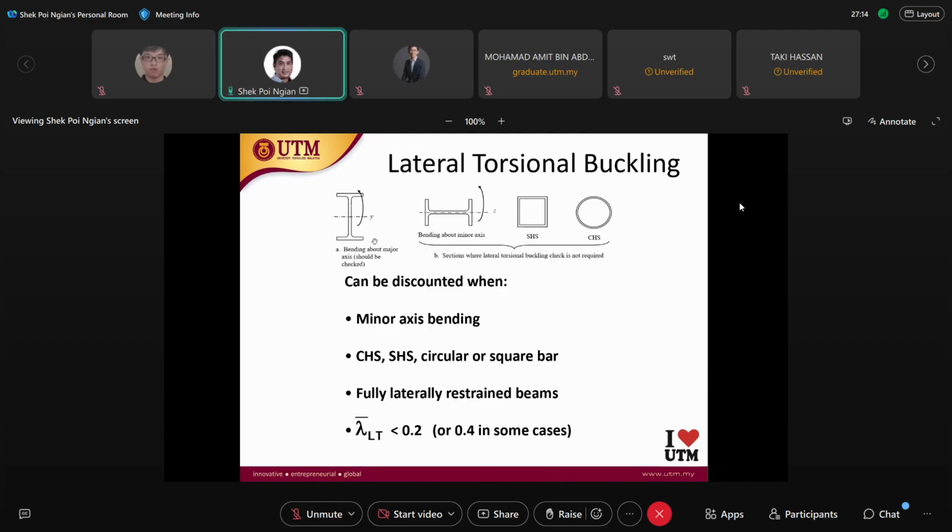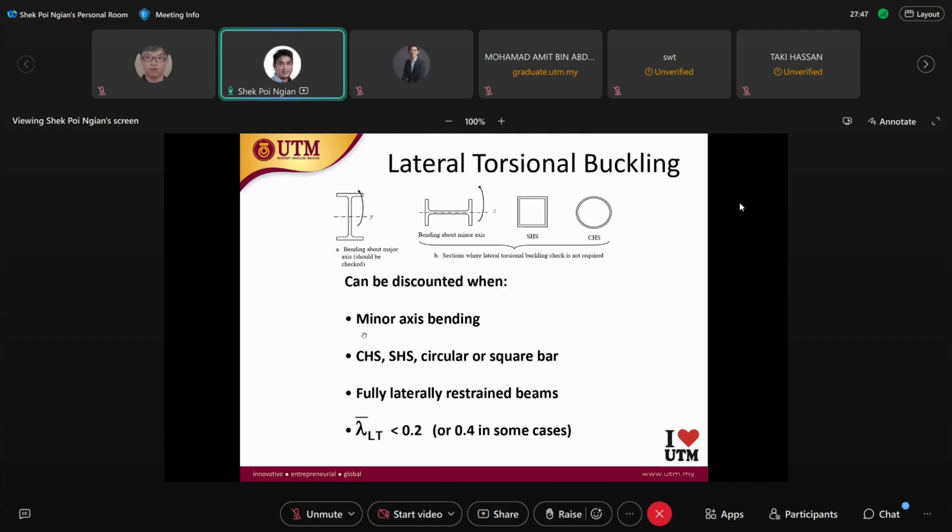There are certain cases when your beam is unrestrained, but you don't have to check for lateral torsional buckling. There are certain cases where it can be discounted, with no need to check for lateral torsional buckling.